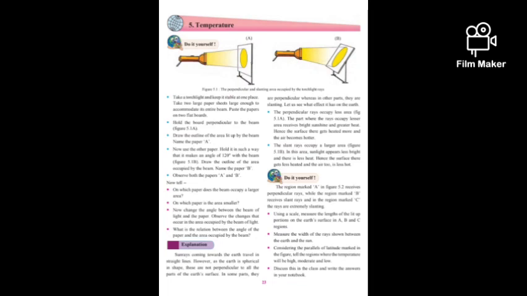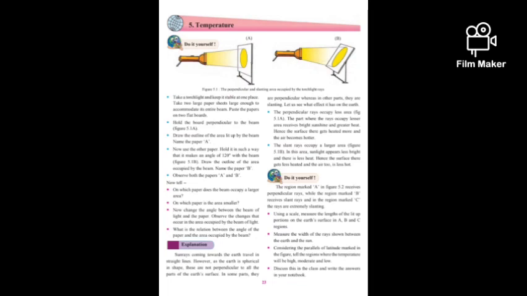When the sun rays fall perpendicular, please look at figure A, children. If the sun rays are perpendicular, then the area occupied by these rays is less. And see the other figure.